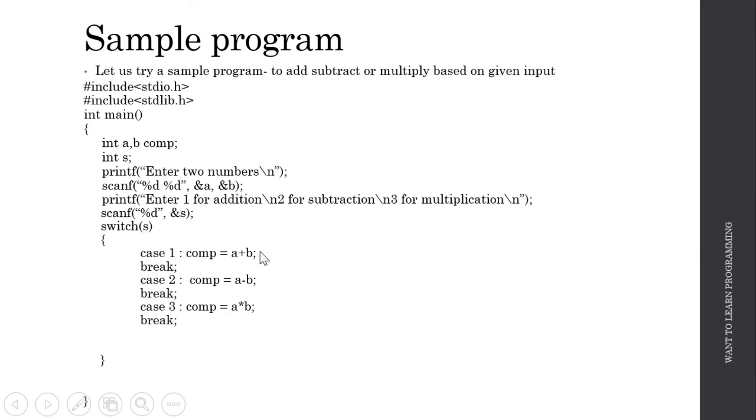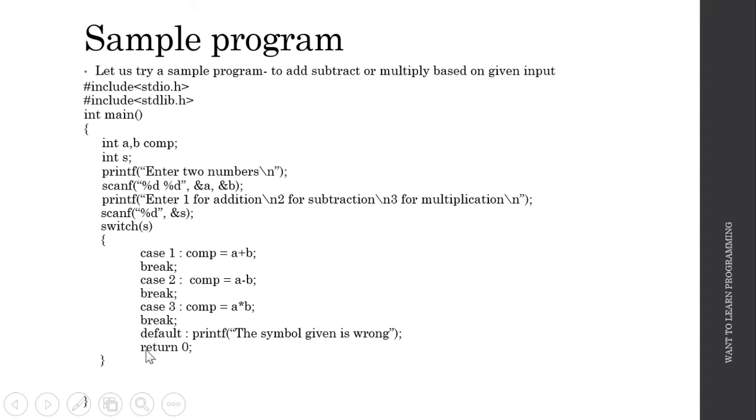Now for default case where the user enters any other number than 1, 2 or 3, we will have to tell him that this is a wrong input. So default case is printf, the symbol is wrong. That is, the number should be 1, 2 or 3, your symbol is wrong. So this computation cannot be done.